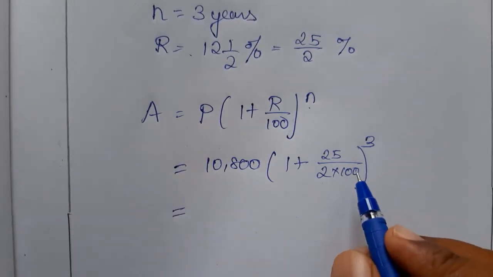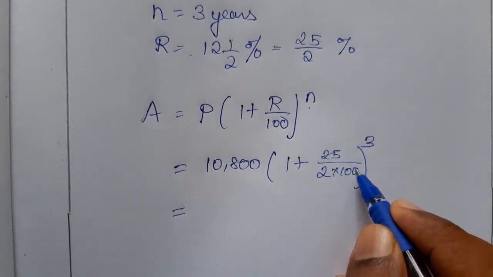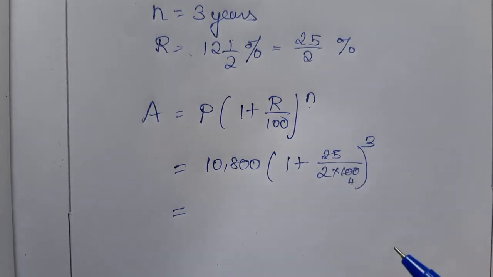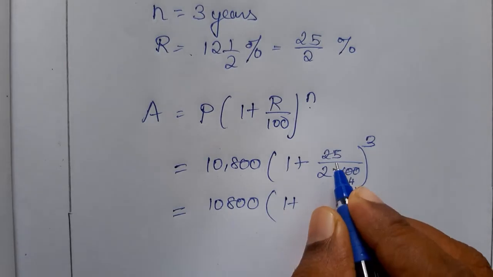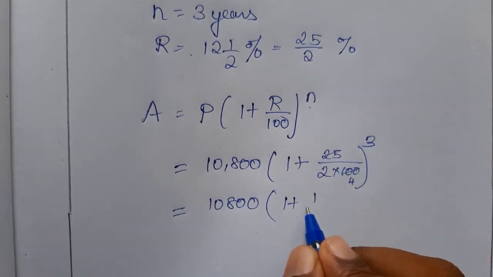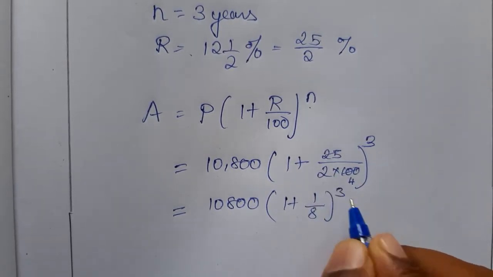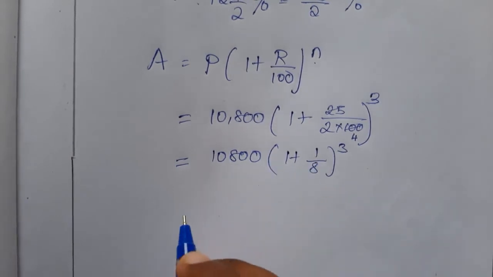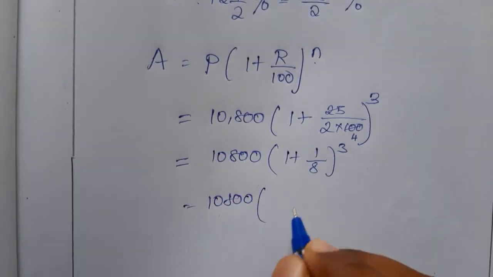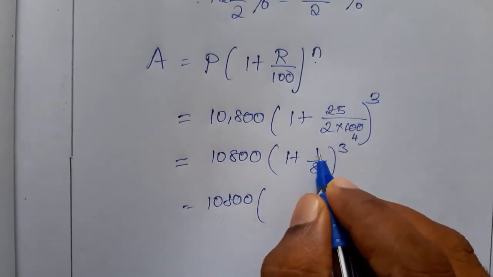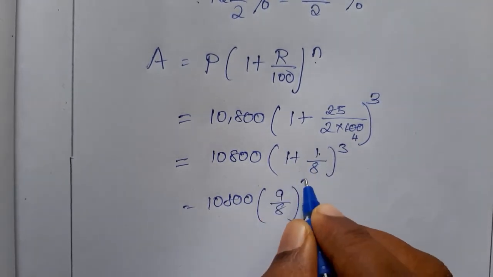We can simplify this by 25: 10,800 into 1 plus 1 divided by 4 twos are 8, whole power 3. Adding this, it becomes 10,800 into 9/8 whole power 3.